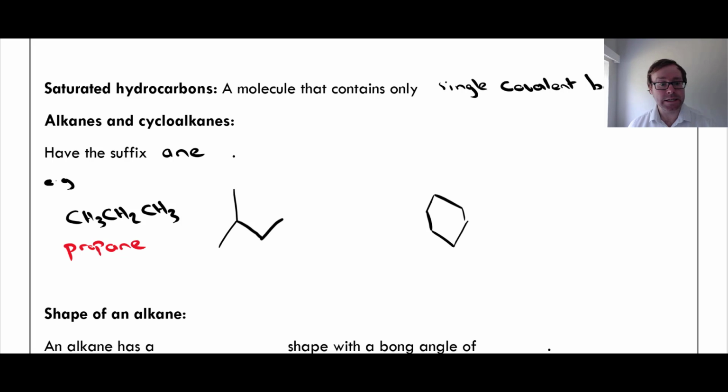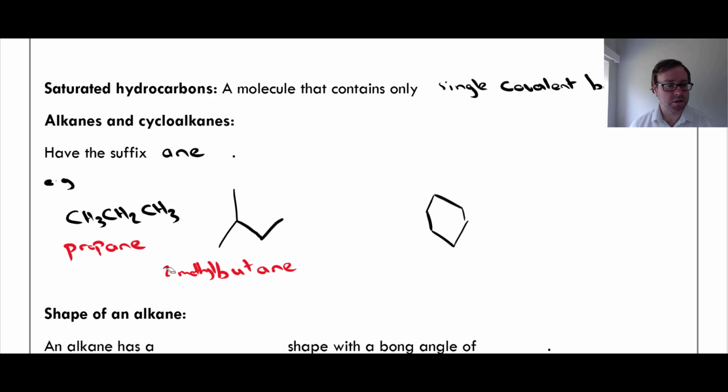This is a skeletal formula, so 1, 2, 3, 4. So I know it's but-, my longest carbon chain. I know it ends in -ane because it's an alkane, and I've got a branch coming off here with 1 carbon on, so it must be 2-methylbutane.